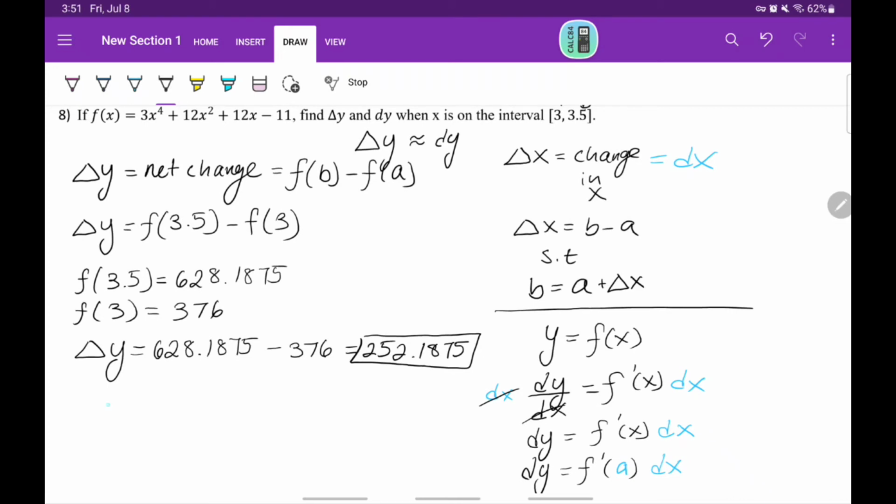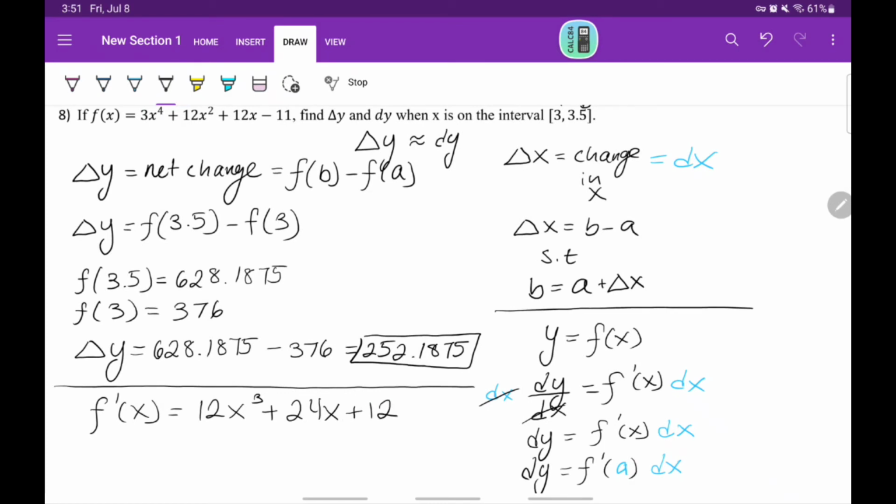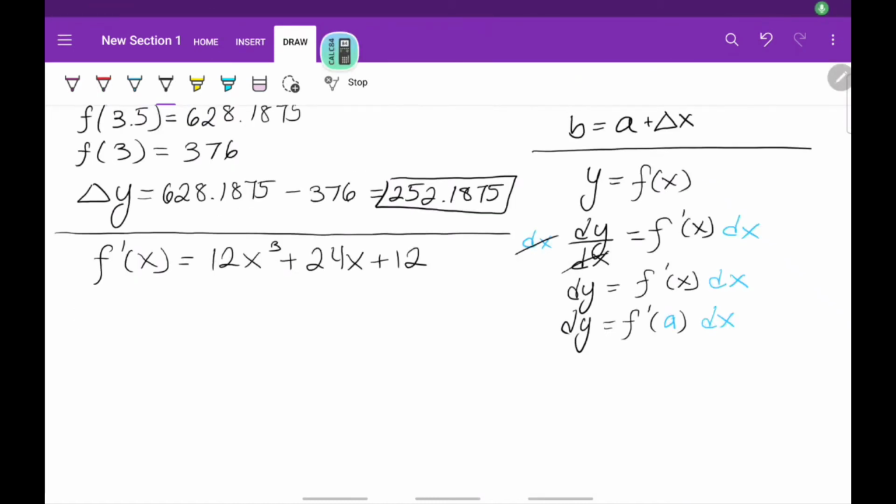So we're going to take the derivative of our function. Let's find our first derivative. The derivative of 3x to the fourth power is 12x to the third, plus the derivative of 12x squared, which is 24x. The derivative of 12x is just 12. The derivative of 11 is 0. Now we're going to plug 3 into our derivative.